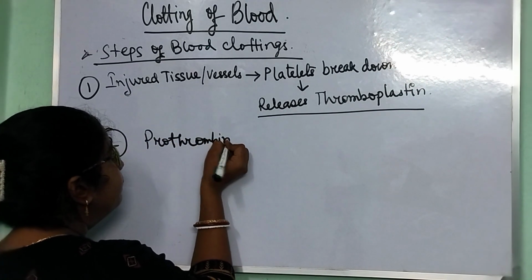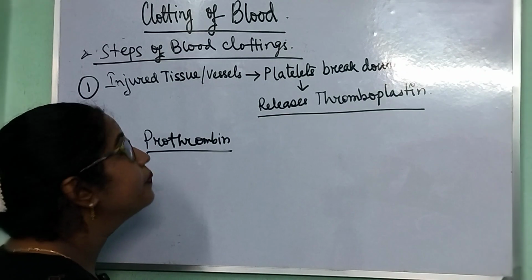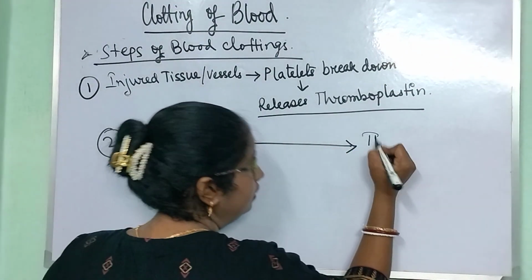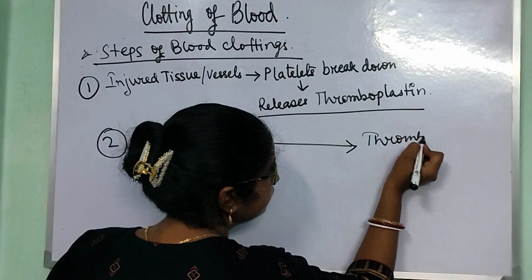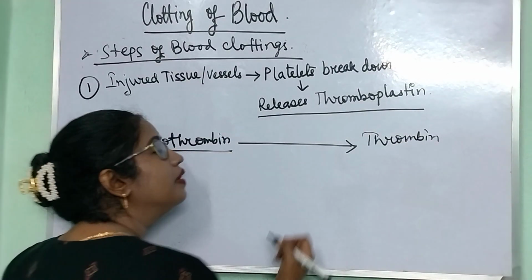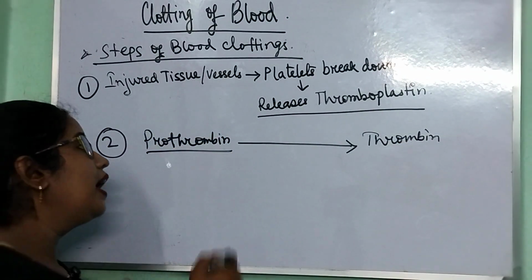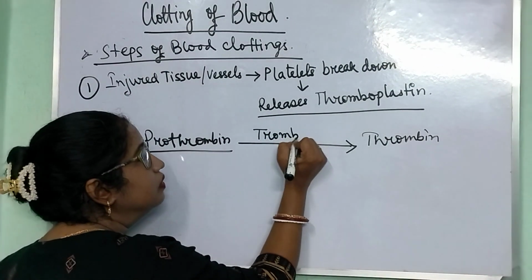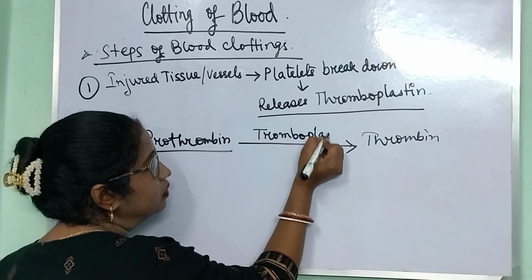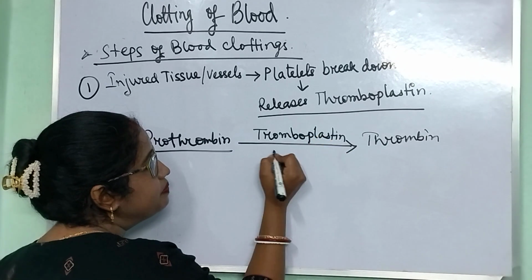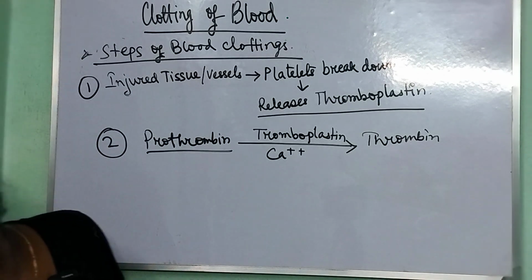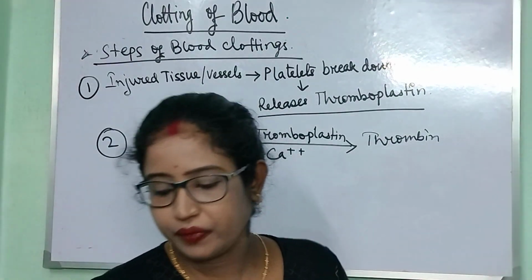Prothrombin present in blood is converted to thrombin via the action of thromboplastin, in the presence of calcium ions or calcium salt.